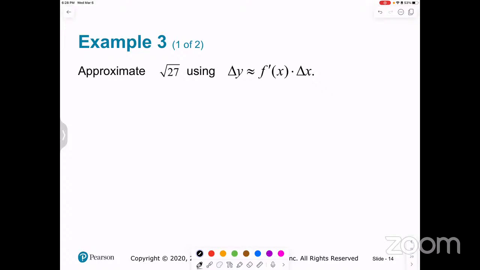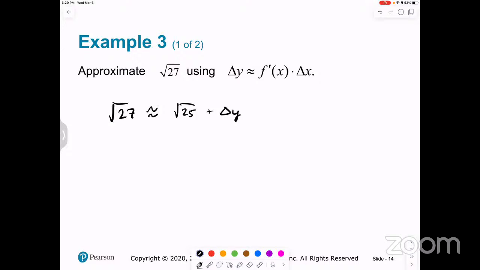Okay, so the square root of 27 should be close to the square root of 25 plus some change in y. Right? Let me think. Are we using the square root of x?